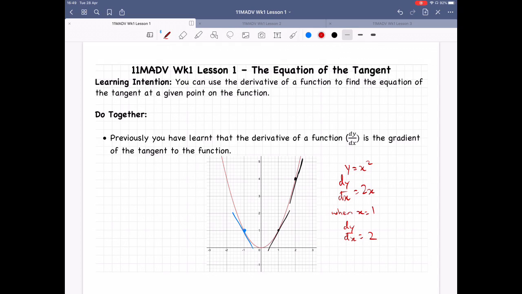Now if we plotted the gradient function, so we've got dy/dx is equal to 2x, then we could see that it passes through 0, 0, 1, 2, 2, 4, and we can draw our line passing through those points.